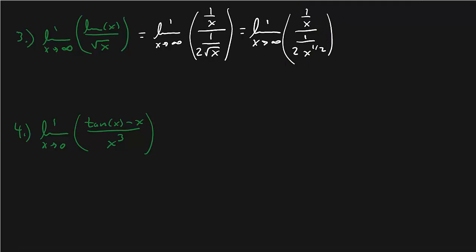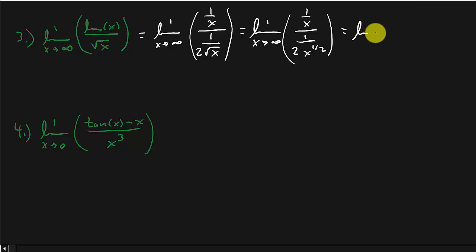All I did was change square root of x to the 1/2 power. And so now this is going to be the limit as x goes to infinity of 1 over x times the reciprocal of this, so that's 2x to the 1/2 over 1.